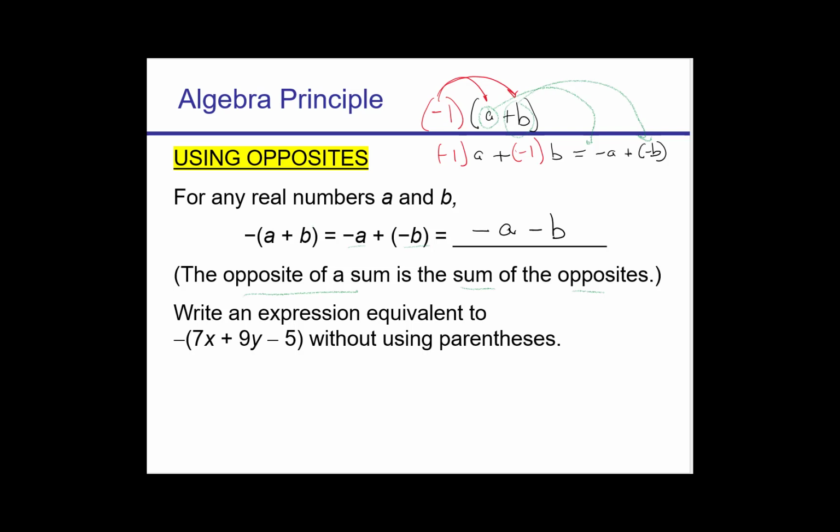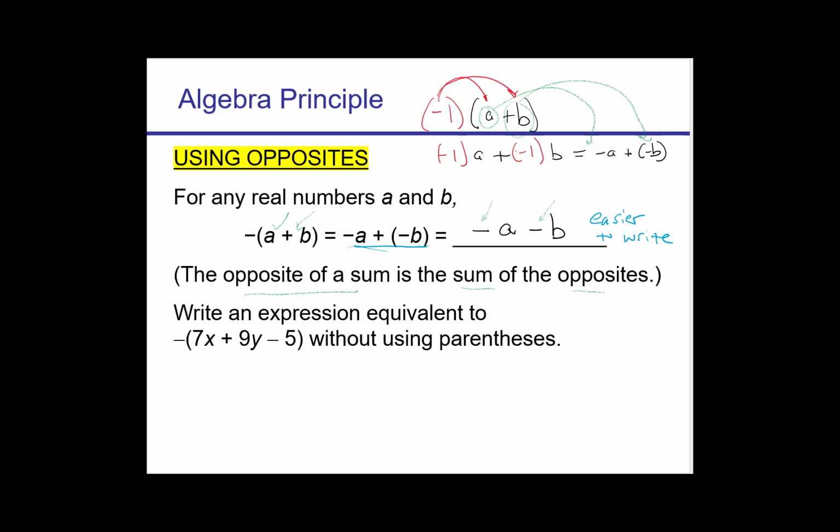Notice going back here, we started out with A, and now we have the opposite of A. We started out with a plus B, and now we have a minus B. That's the same thing as the opposite. It's just that this one is easier to write. So the middle one's okay if you want to write all that extra stuff, but you don't have to if you can understand the shortcut I just gave you.